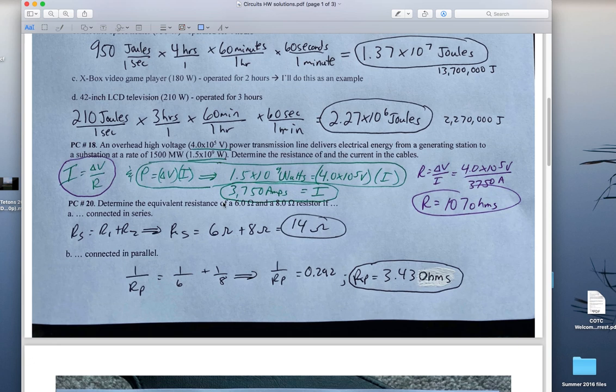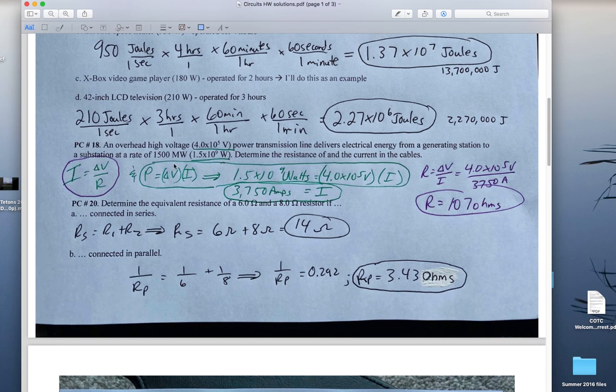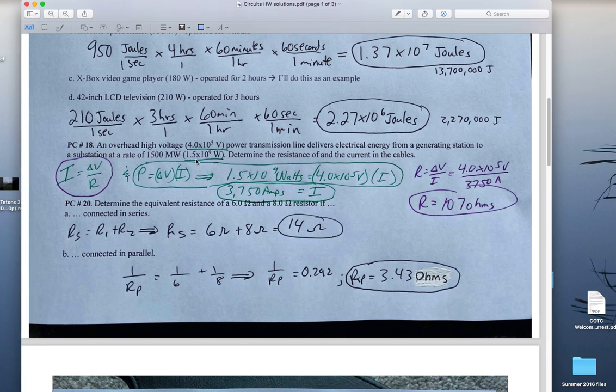For 18, I should have left a little bit more space here. So high voltage power lines of around 400,000 volts deliver electrical energy at a rate of 1,500 megawatts, or 1.5 billion watts, or 1.5 billion joules per second. If you know your power formula, P equals V times I, we can rearrange that, I equals P over V, to get our current, which is about 3,750 amps.